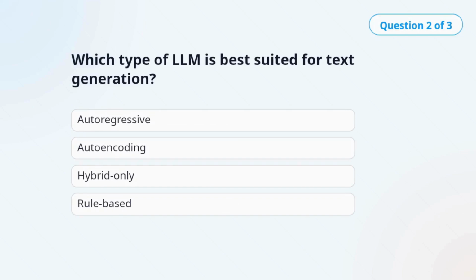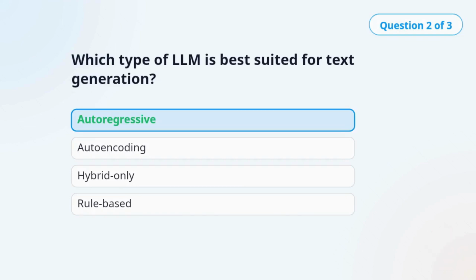Question 2. Which type of LLM is best suited for text generation? The correct answer is autoregressive. Autoregressive models predict the next word based on previous words, which makes them ideal for generation tasks.